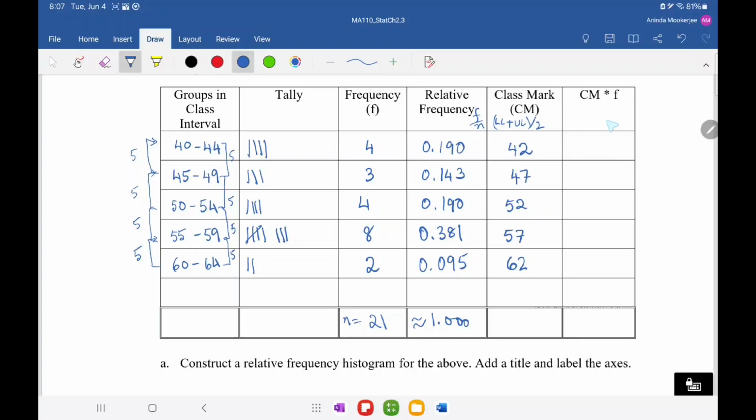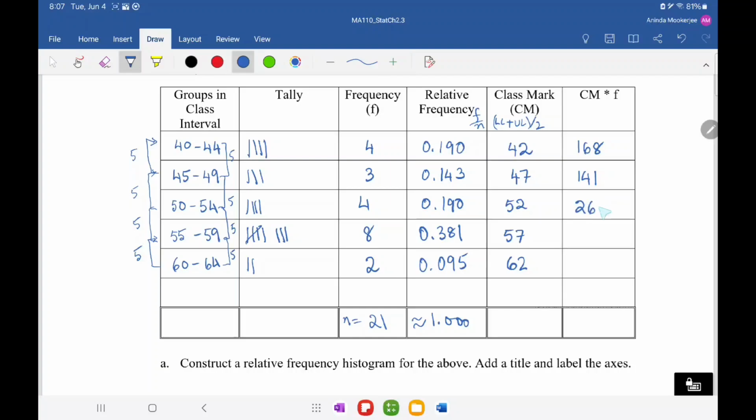So while we are at it, let's calculate the CM, the class mark times the frequency values, and write it in the last column. 42 times 4, all right, CM column times the frequency column. So these are the values, 168, and then 47 times 3 is 141.